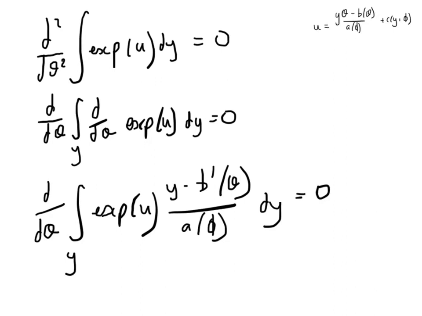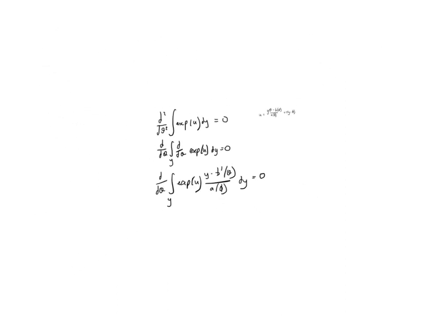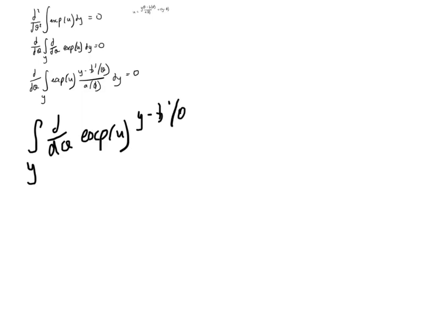So the next thing we need to do this time is to differentiate this once more. When we move the operator inside, it makes it a little bit clearer that we are differentiating exp of u multiplied by y minus b prime of theta over a of phi.